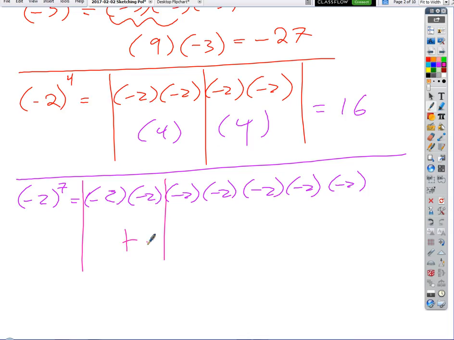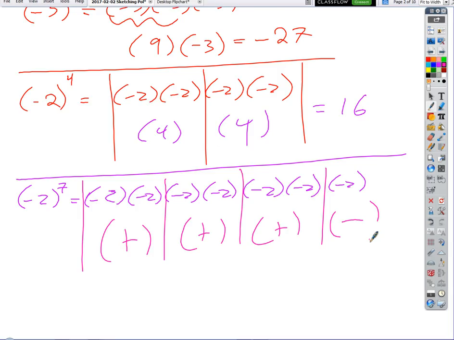That outcome is going to be positive, that outcome is going to be positive, that outcome is going to be positive, so I'm going to get a positive times a positive times a positive. But I've got one left over. It was odd. This one doesn't have a partner, right? Whenever I multiply an odd number of things together and I pair them up, there's going to be one left over, right? So that's going to make it negative.